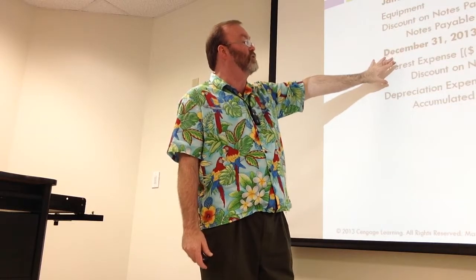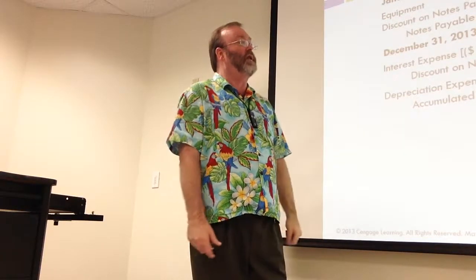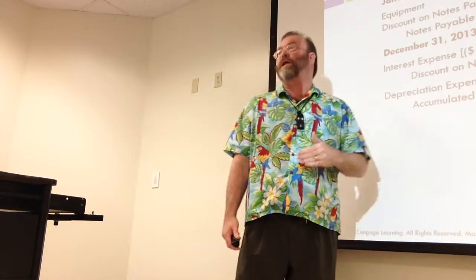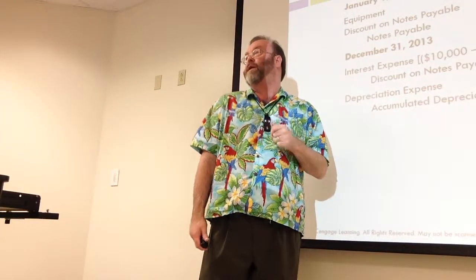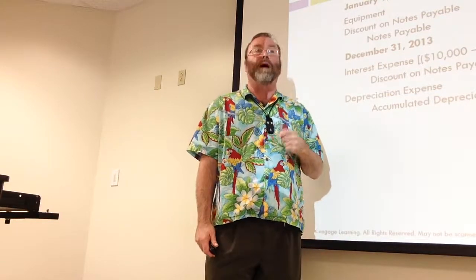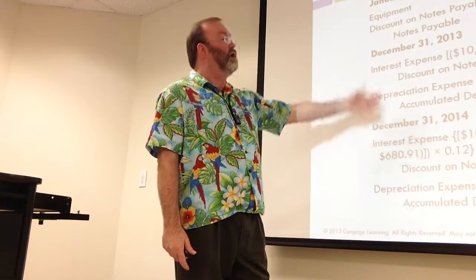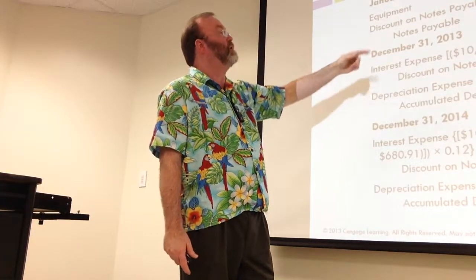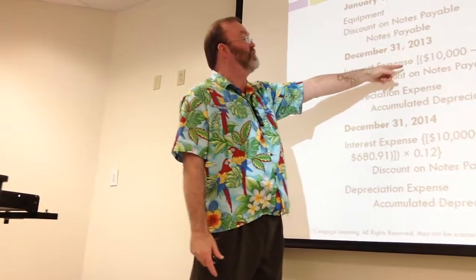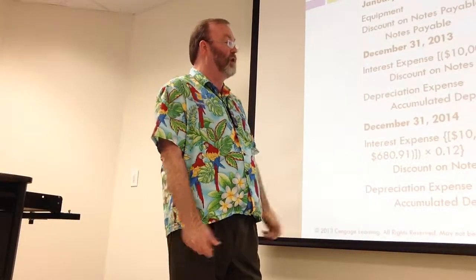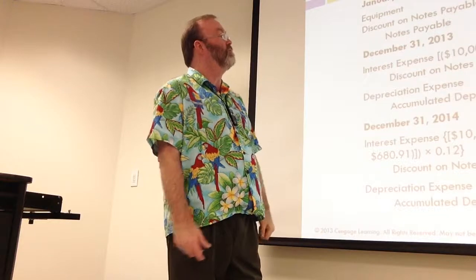At the end of the first year, you get $680.91 in interest expense. Credit the discount, lowering that contra liability account by that same amount. The following year, you have a new book value, the $5,674 plus the $680, so your interest expense goes up, and you do that throughout the 5-year period.